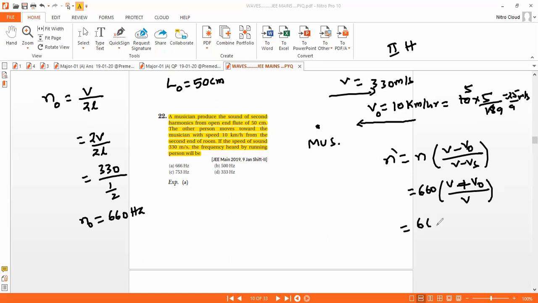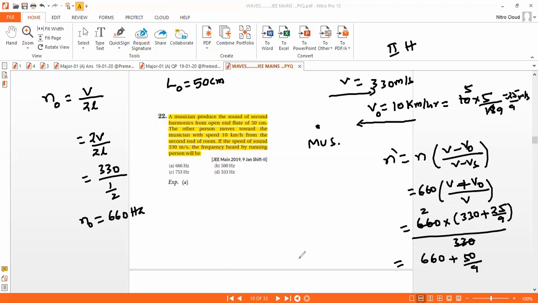Source is at rest, so V only. So 660 into (330 plus 25 by 9) by 330, so it is 660 plus 50 by 9.